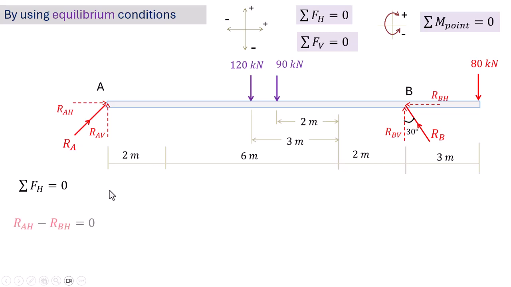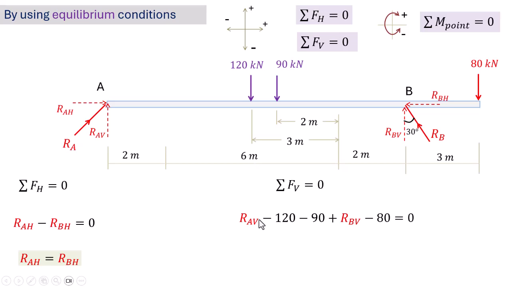By solving step by step, we obtain the following relation. The algebraic sum of all vertical forces acting on the beam is 0. Using the chosen sign convention, all upward forces are taken as positive and downward forces are taken as negative. By solving step by step, we obtain the following relation.